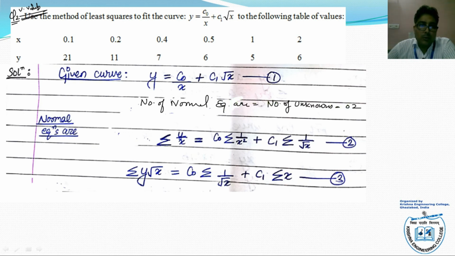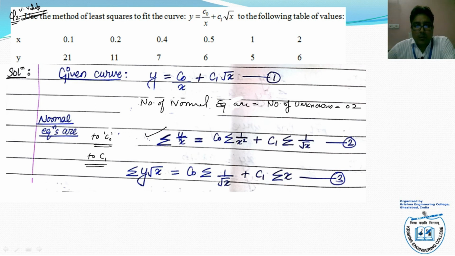Normal equations corresponding to constant c naught and corresponding to constant c1, right?